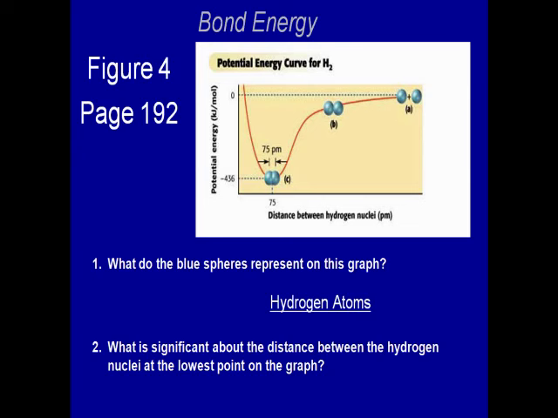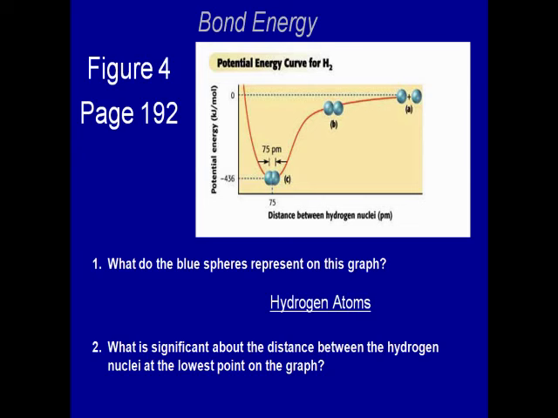So we're going to talk about the 3 main points along the graph. At point A, we have simply just 2 hydrogen atoms that meet as separate atoms, and there is no forces between them. As we move from A to B along the graph, at point B, the attractive forces pull the atoms together. In other words, the nucleus of one atom is attracted to the valence electrons of another atom.